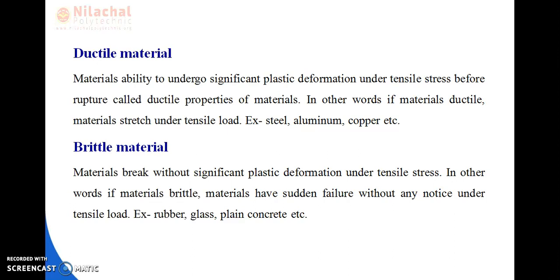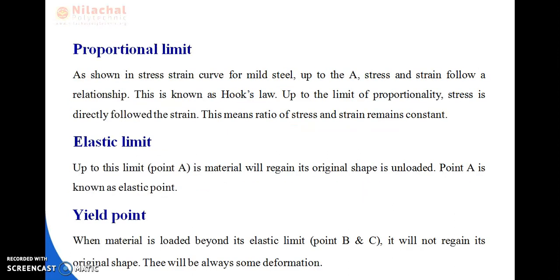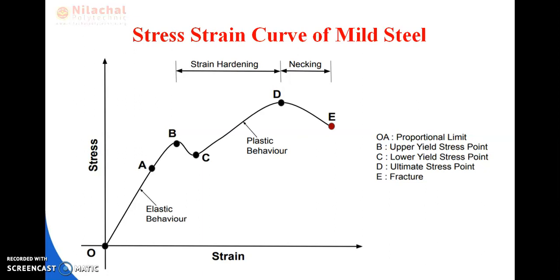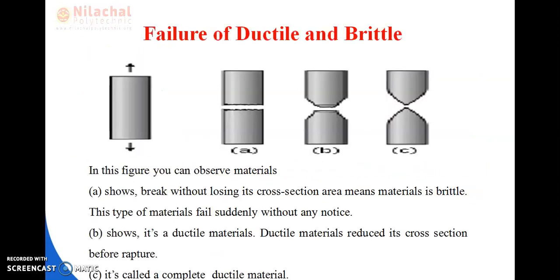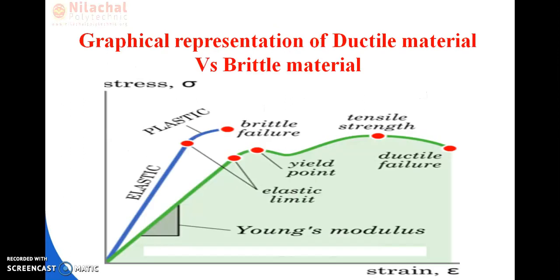Then in the stress strain curve, the variations of the stages of mild steel we studied, correct? So today we will learn about the graphical representation of ductile material versus brittle material.